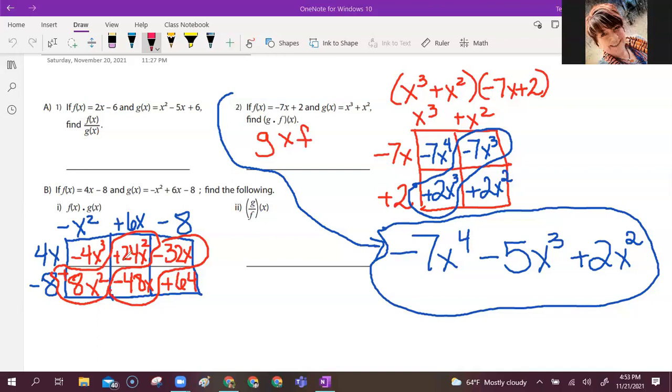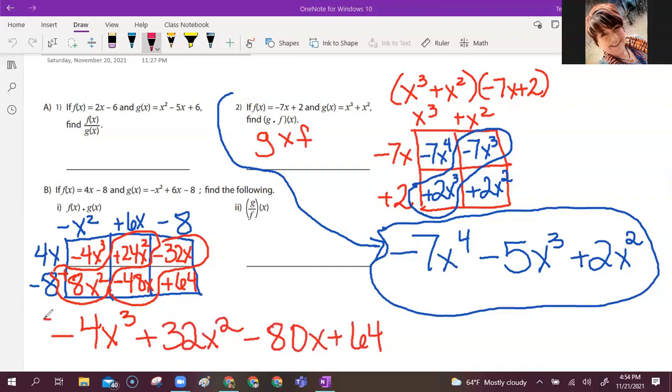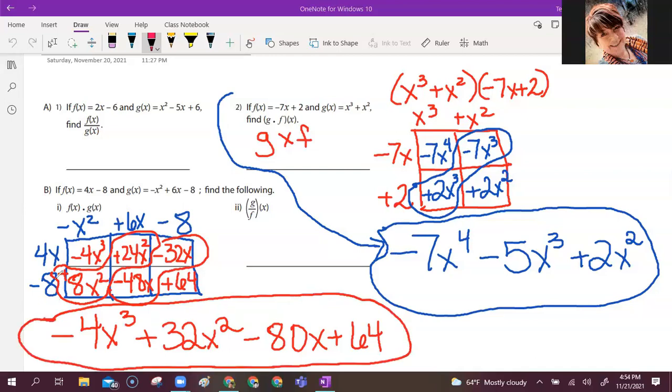And then I'm ready to write my final answer. Final answer. And these are the functions multiplied together. And this also shows you a little bit of the trinomial in a different version of FOIL. This is multiplication and division of functions mathematically.